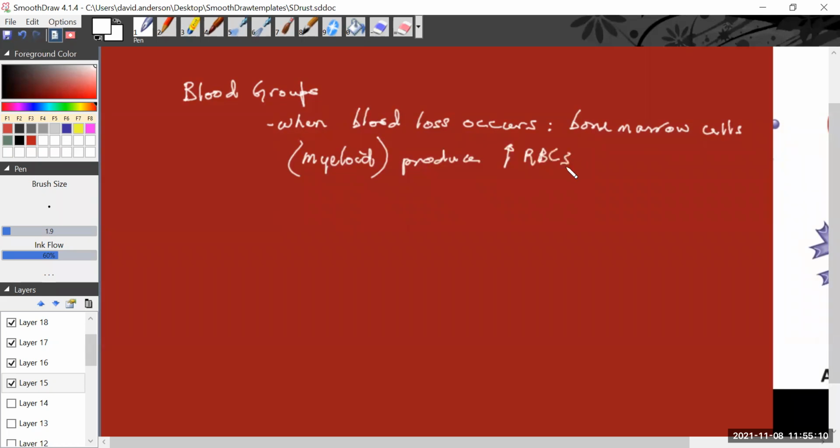So that's good. If it's a mild blood loss, not a big problem. But like I said, if we have somewhere between 15 and up to say 30% blood loss, we're going to get weak and pale because of reduced oxygen delivery.